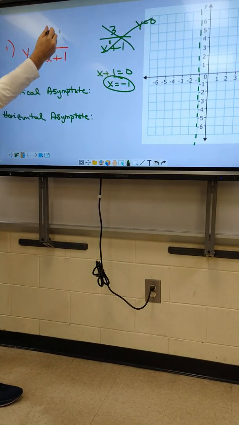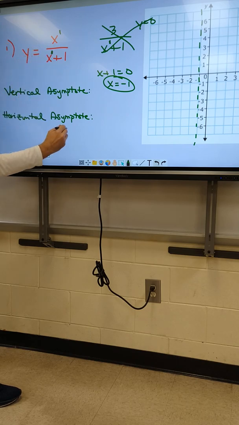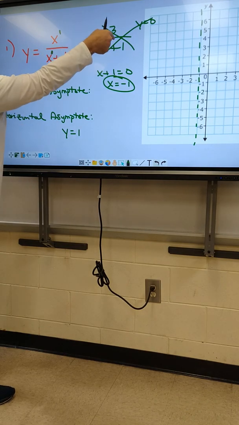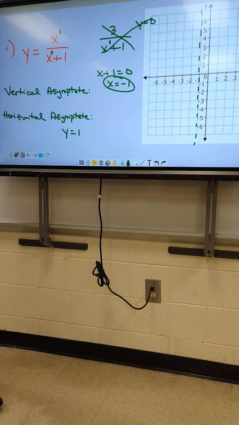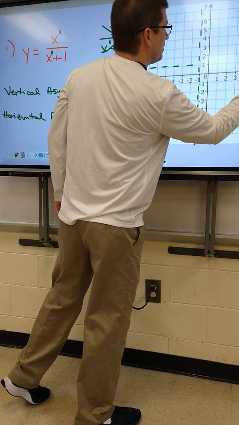Okay, but when you have the same exponent on top and bottom, you have to divide the numbers that are in front of the x's. So 1 divided by 1 is y equals 1. So it's going to be either this way or this way, and you have to look and see which way it is. We good? So go to y equals 1, up 1, draw another dotted line.